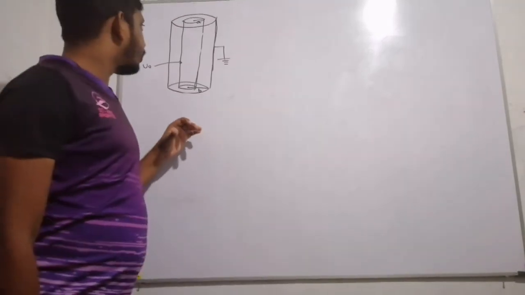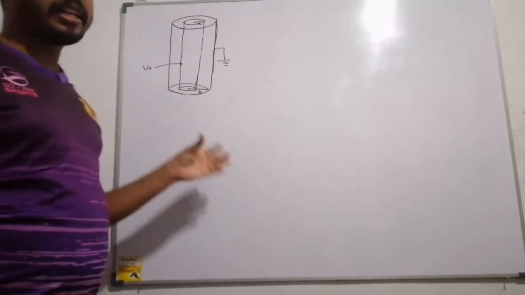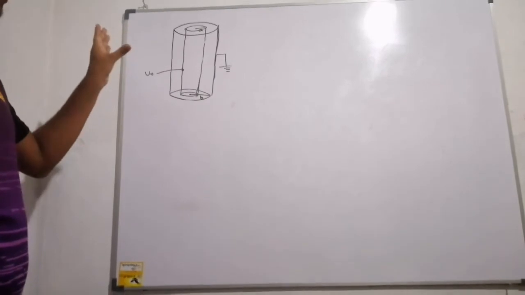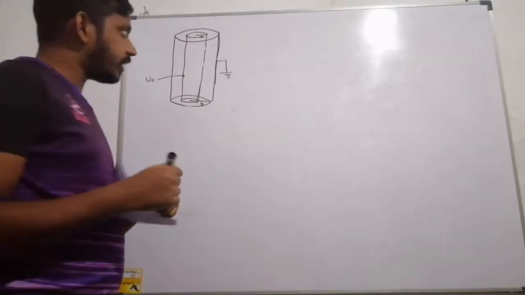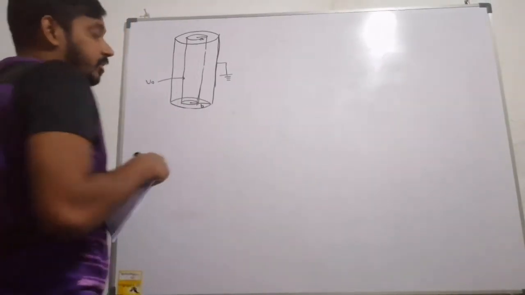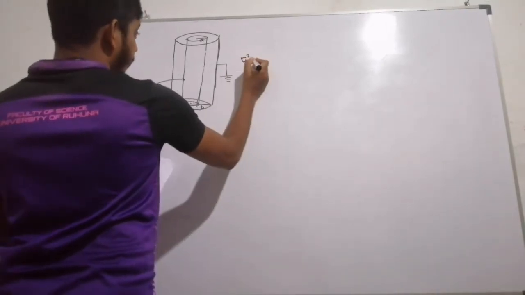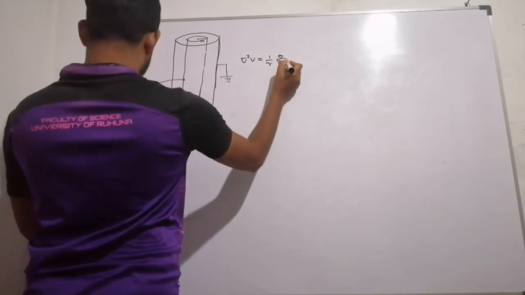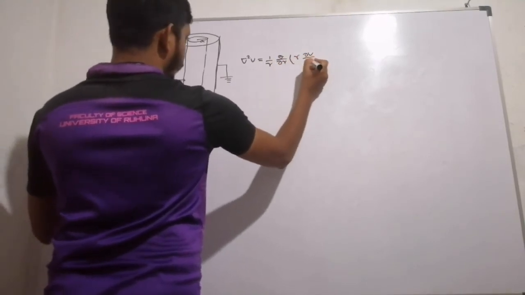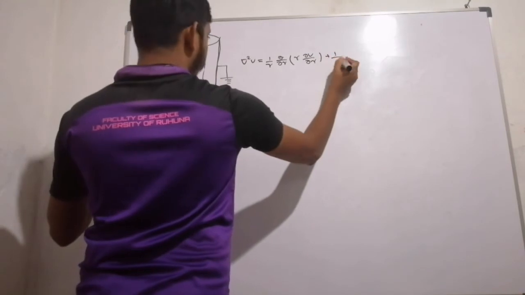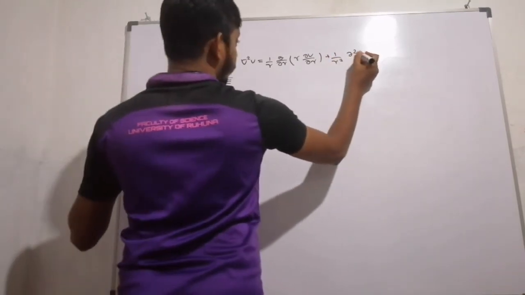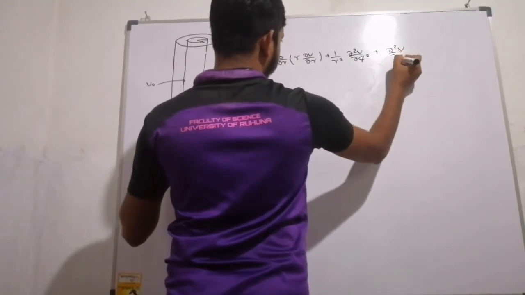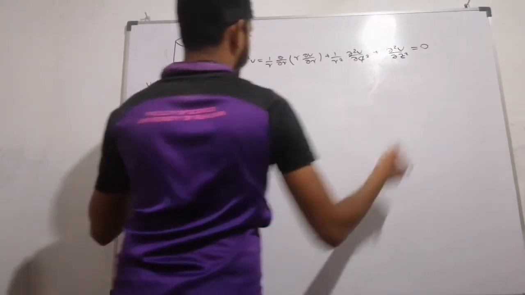So I need to use the cylindrical coordinate system for the Laplace equation because we are considering two cylindrical shells. Let me write down the Laplace equation for the cylindrical coordinate system: 1 over R d over dR of R dV over dR plus 1 over R squared d squared V over d phi squared plus d squared V over dZ squared should be equal to 0.